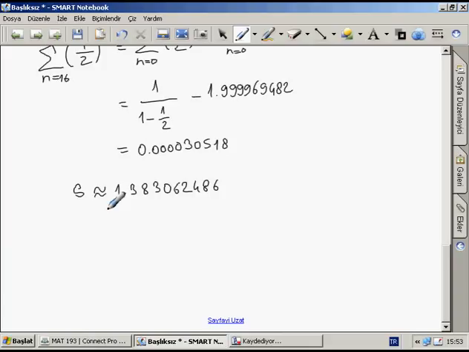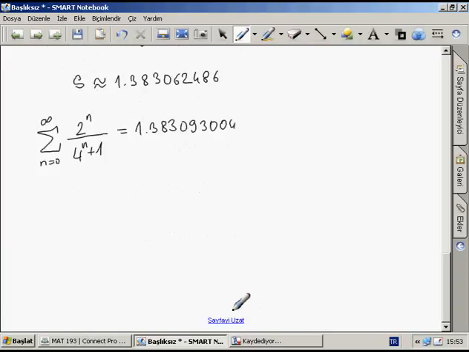I mean that in this case we can write the summation from n equals 0 to infinity of 2 to the power of n over 4 to the power of n plus 1 equal to 1.383093004, and we can see the actual error in our estimation.